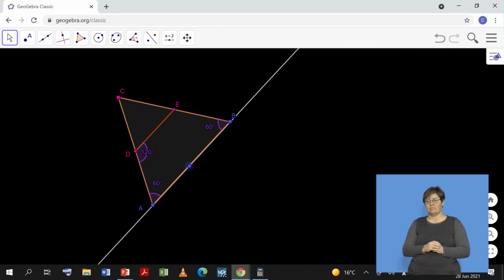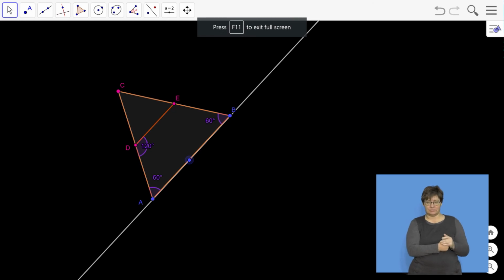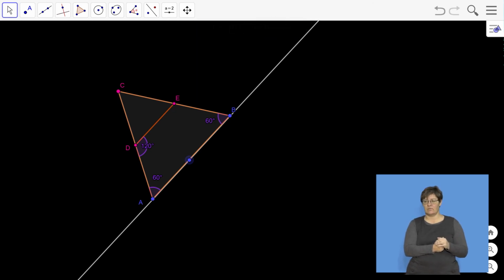Now, if we look at this diagram that I have here, you can see that I have DE being the line parallel to AB. I just really can't show the parallelness here with my arrows, but I try to show it with the angles. You can see that 120 plus 60 will be equal to 180 degrees, which will make them co-interior angles. It doesn't really matter how you move this particular shape.